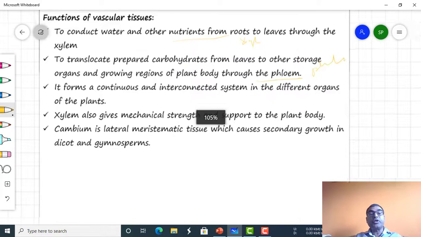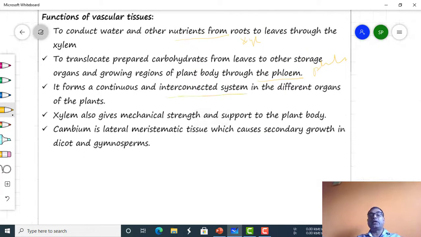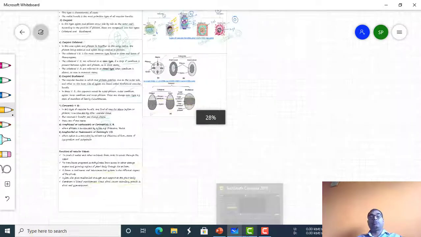It forms a continuous or interconnected system in different organs of the plant. Xylem gives mechanical strength and support to the plant body, and cambium, which is present in the vascular bundle, is a lateral meristem tissue which causes secondary growth in dicots as well as gymnosperms.